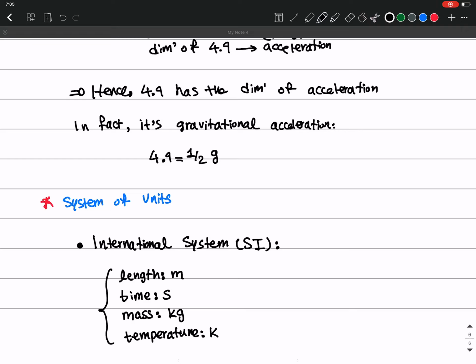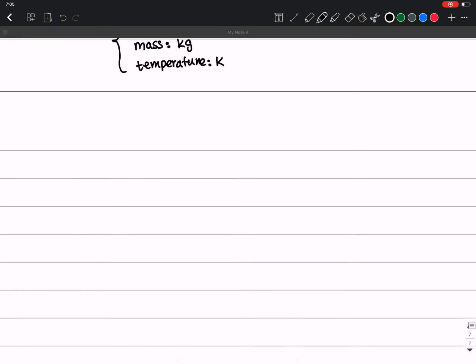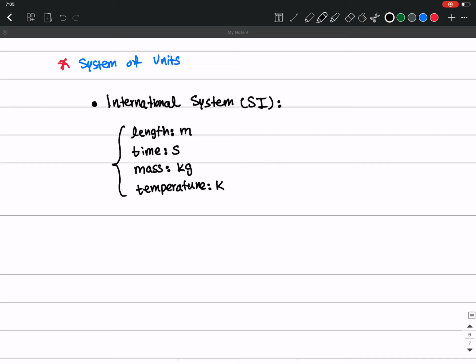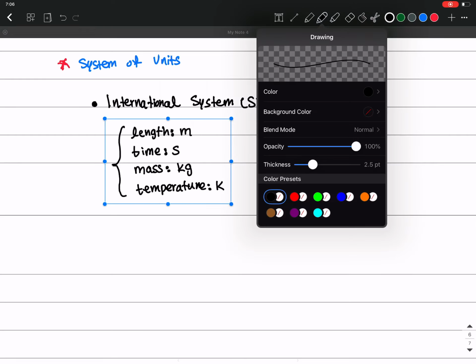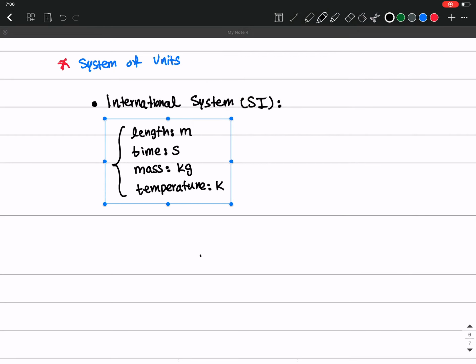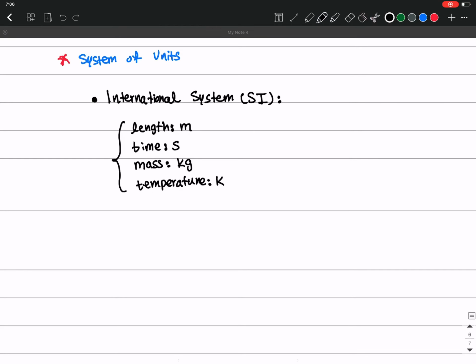We mostly use this system in our course, but I just want to note that you need to know, we also use the British gravitational system that I'm going to introduce, and that is very important for your engineering applications, for your engineering exams.